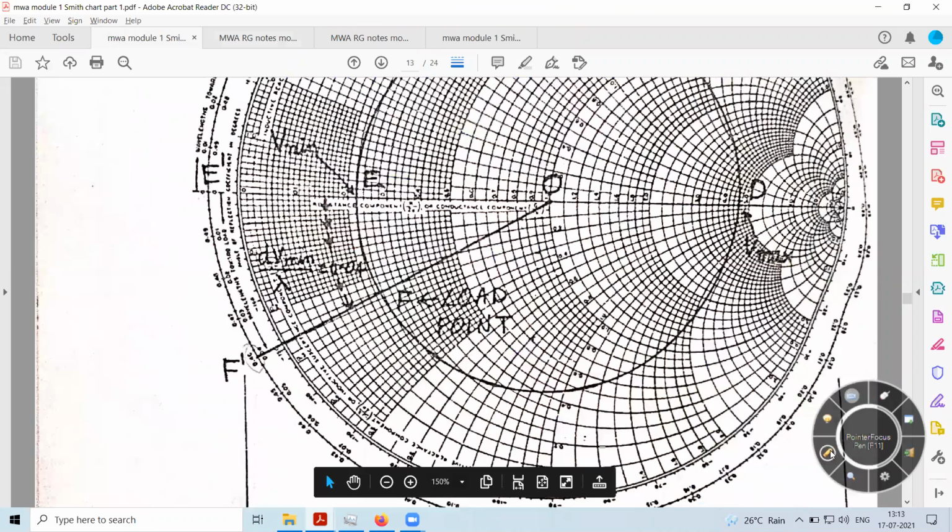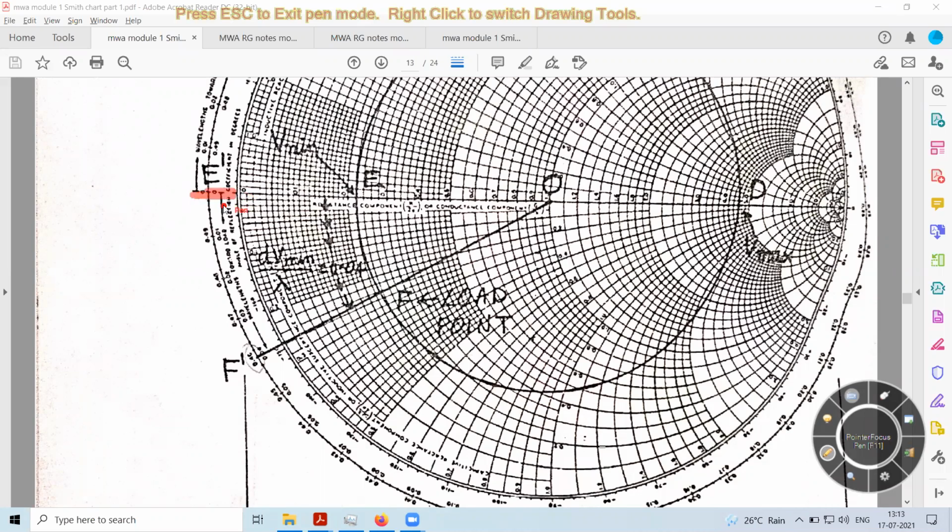So from the zero scale, I have to move a distance of 0.04. This is 0.04, and this is the point where the load is located.